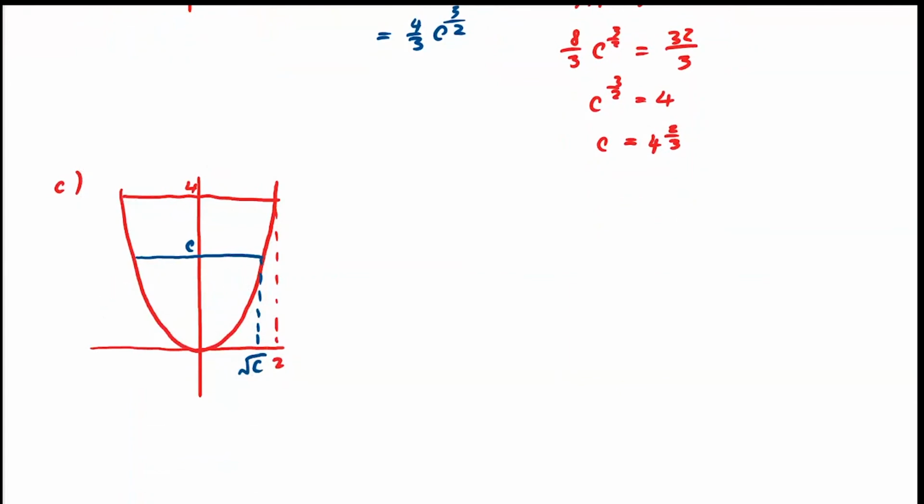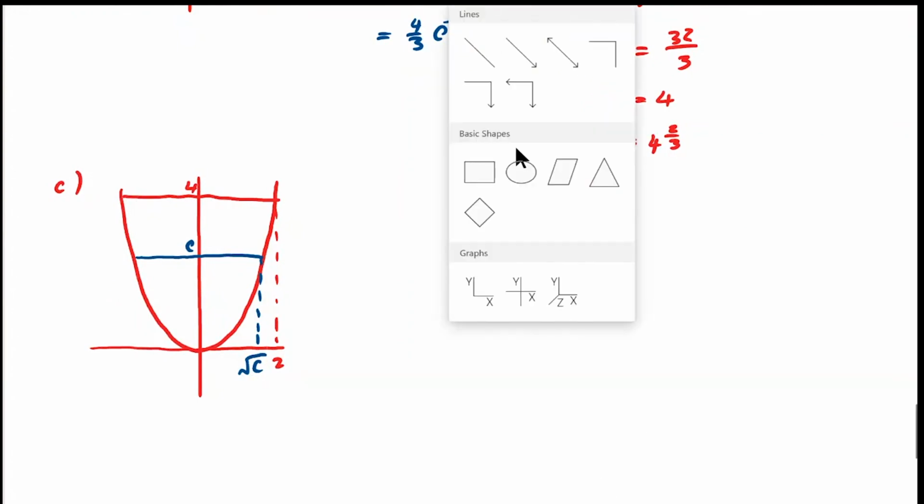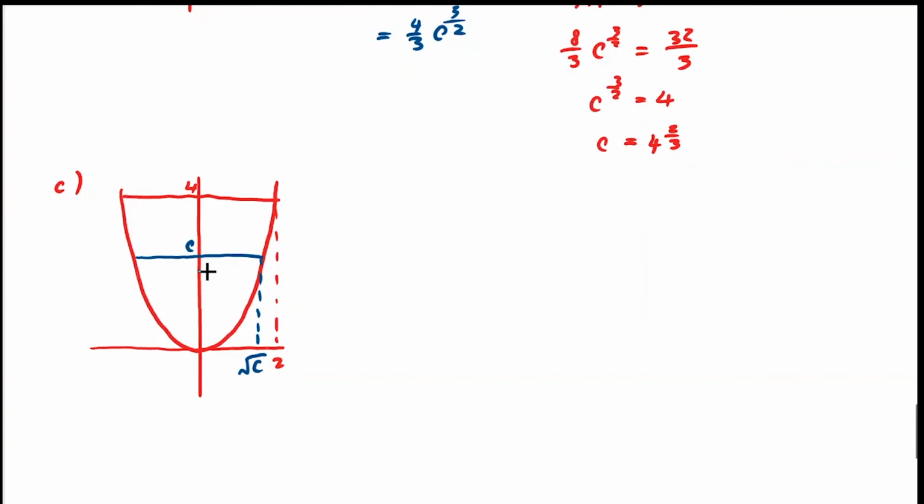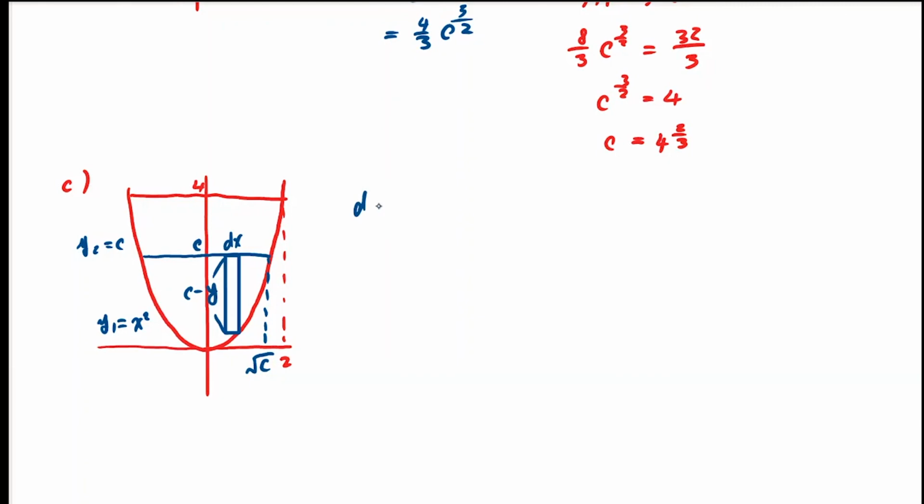Okay, so this time I'm going to draw the rectangle vertically, because that's what they tell me to do. So I have that rectangle. So my dA here is y2 minus y1, except that's c minus x squared, isn't it? That's simple enough. Good.